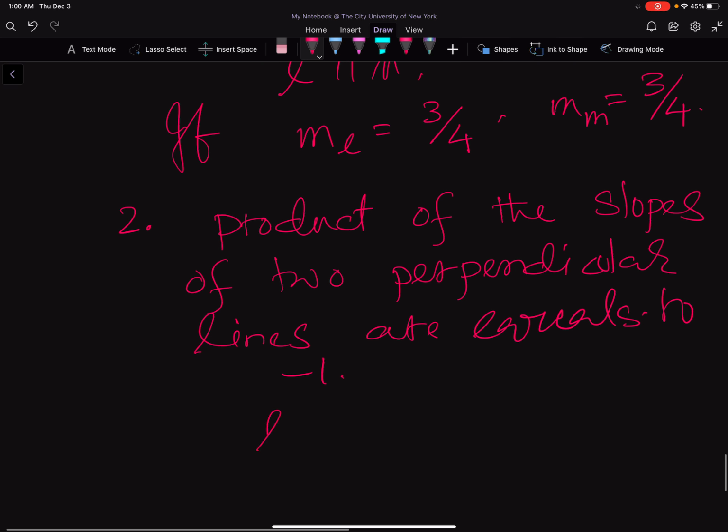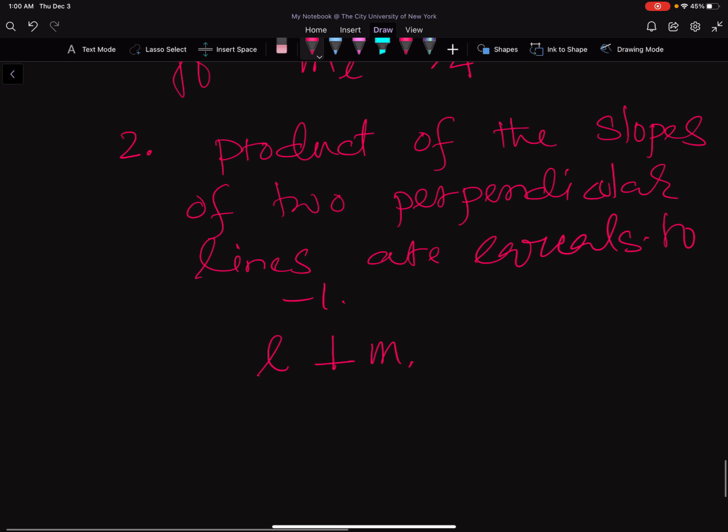Let's say line L is perpendicular to line M, then slope of L multiplied with slope of M equals -1.